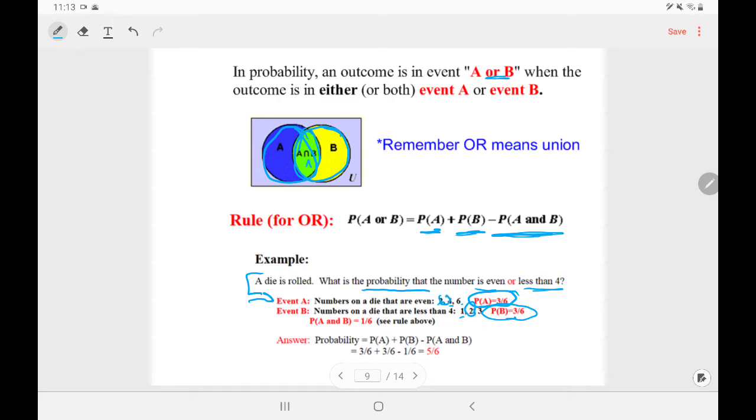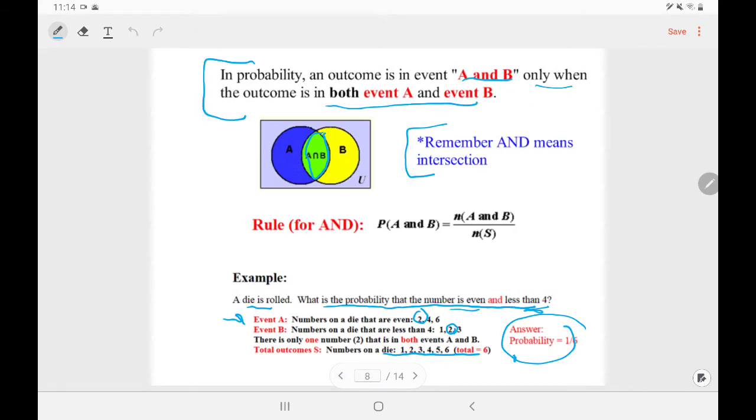I have that 2, and I can't double count that 2 twice in my probability. So I need to take out that probability. What's the probability of both happening at the same time? Remember, we calculated that on our last problem, which was 1/6. So my probability of this one would be 3/6 plus 3/6 minus 1/6, and my answer is 5/6. That is the probability of that happening.